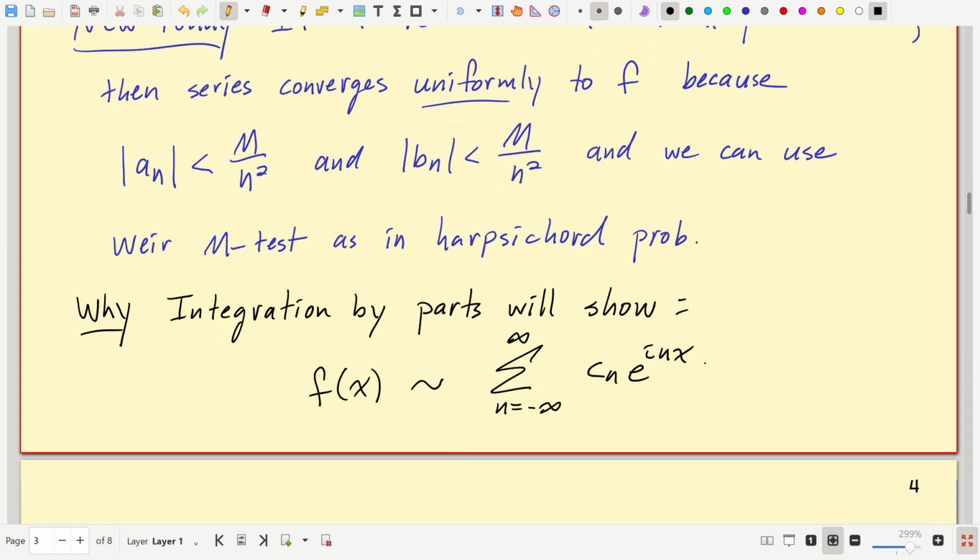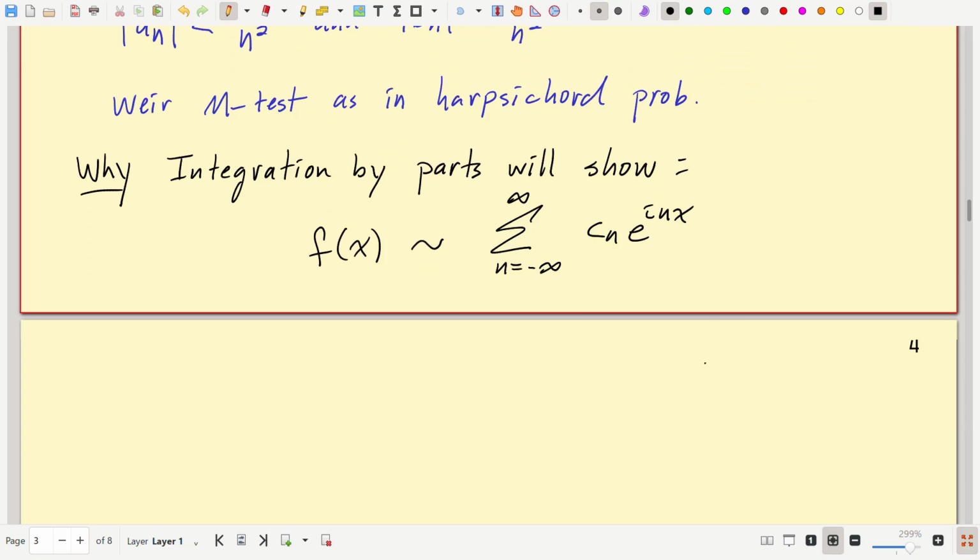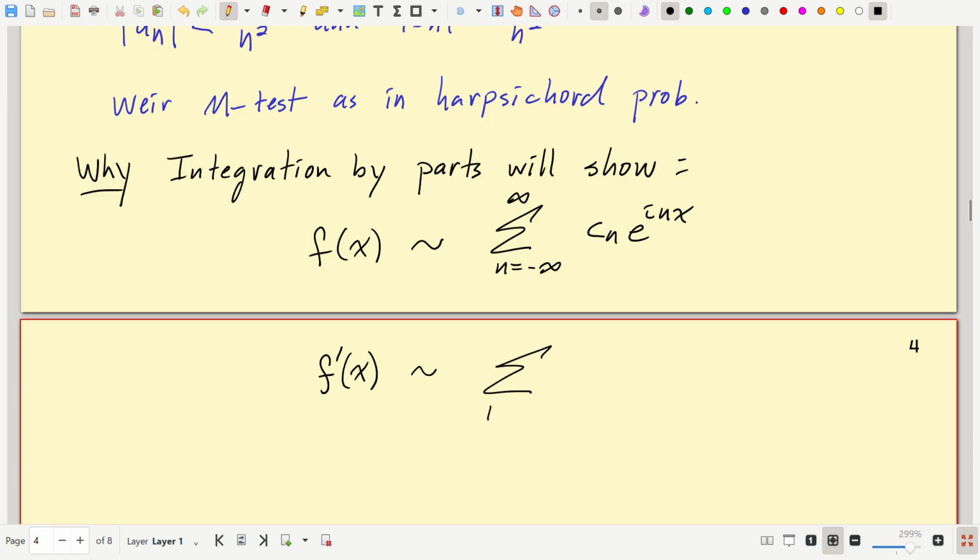If you think you can differentiate Fourier series term by term, that's wishful thinking. But we would hope that the Fourier series for f prime of x is going to correspond to what you would get if you differentiate that term by term. And that turns out to be a true fact.